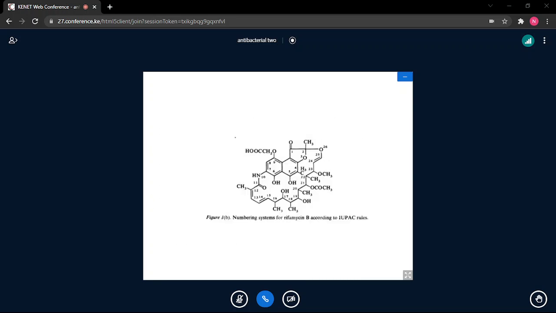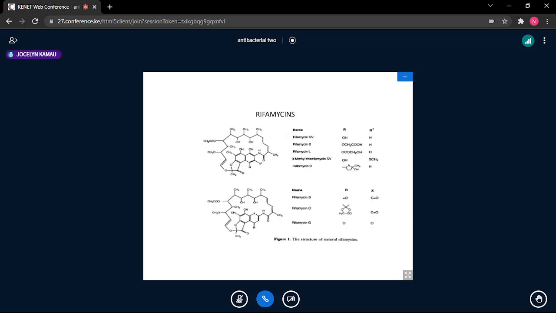I want to go back. I want you to look at these molecules. Just give me one minute as you look at these molecules.